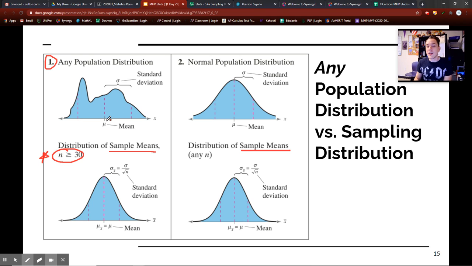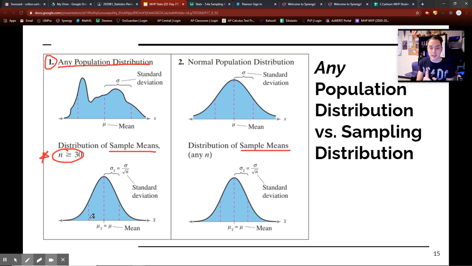It's going to be very gross, right? But if the sample size that you're taking, even if this is a gross population, any population distribution, okay? If you're taking a sample of 30 and above, it will equal a normal distribution. That's the first point, okay?